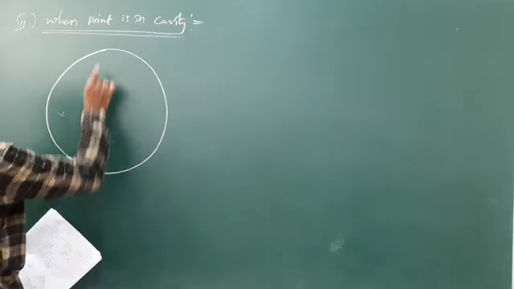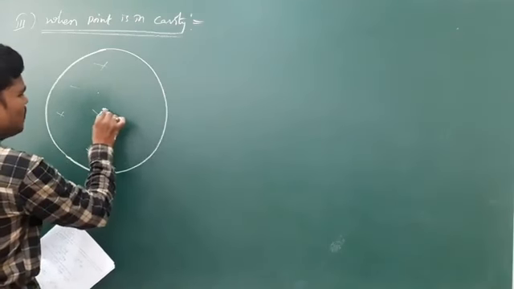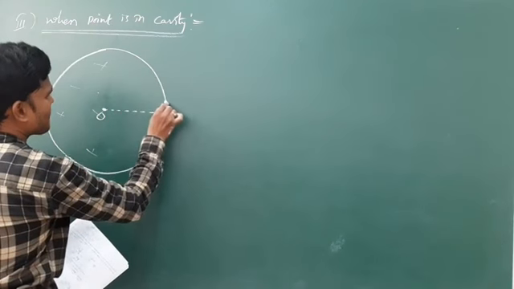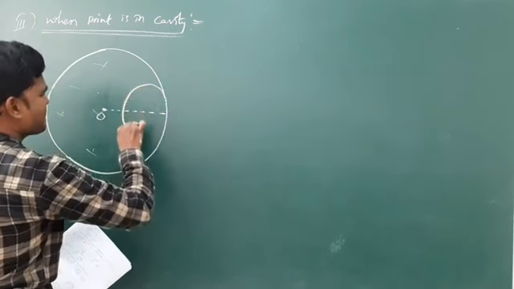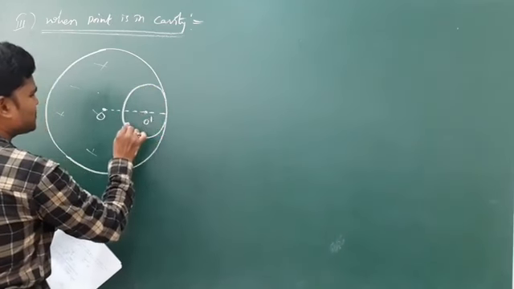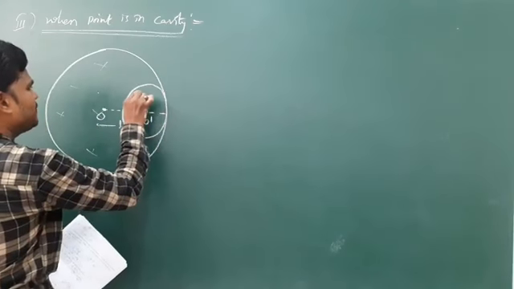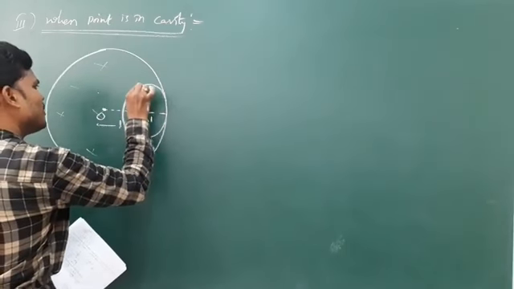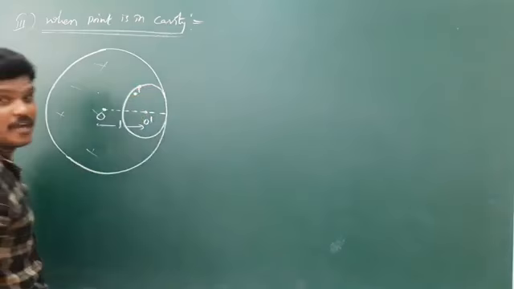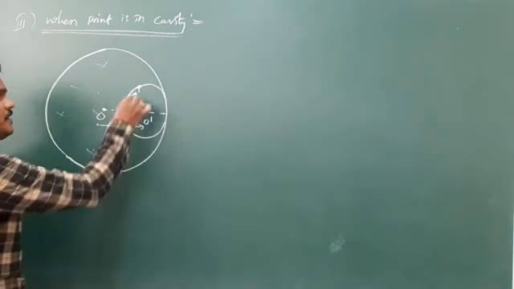This is the inward current. O dash, length is L, and here they have given point P. The target is to find out the field at this point, the field at point P.